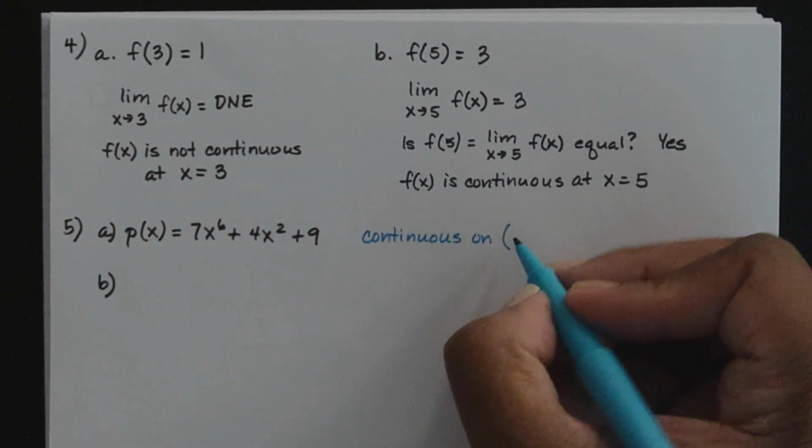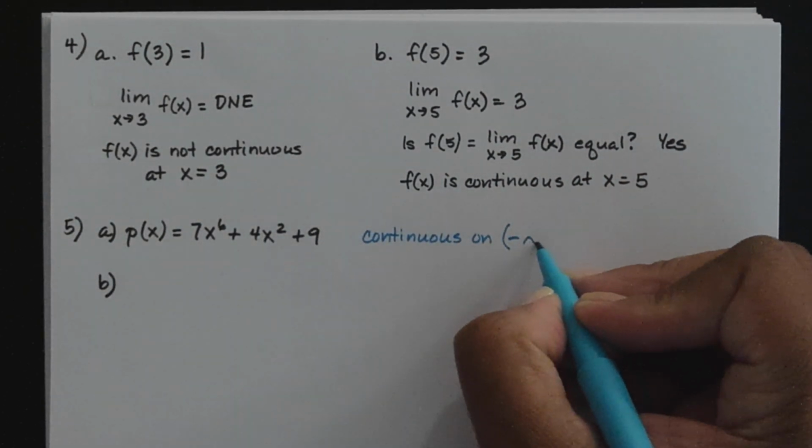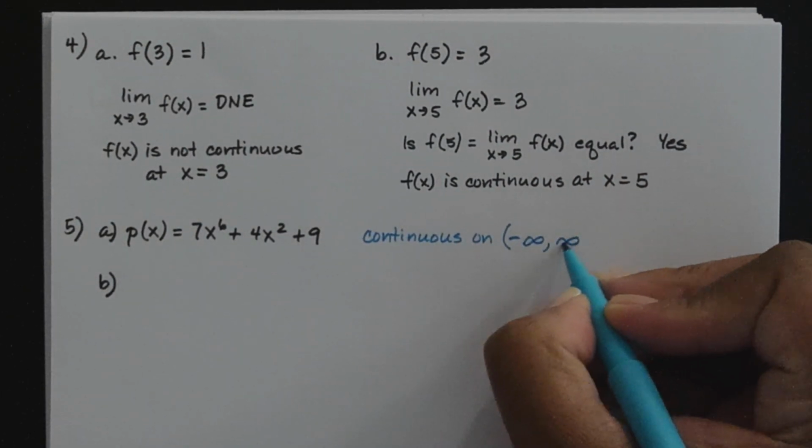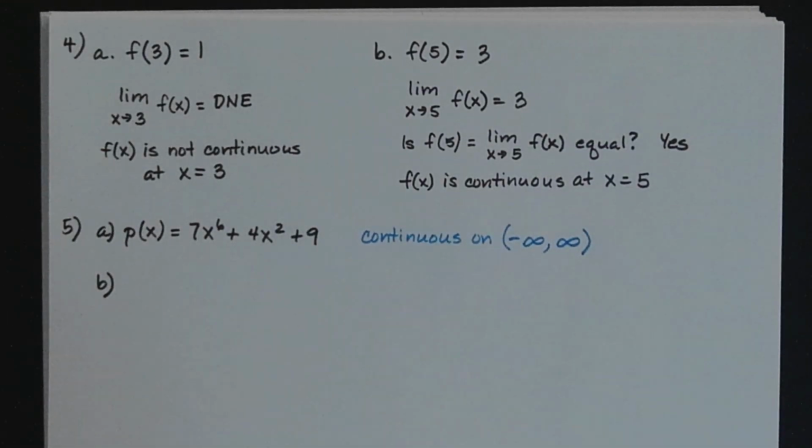It's a polynomial function, so it has to be from negative infinity to infinity. Okay, it's continuous everywhere on that number line.